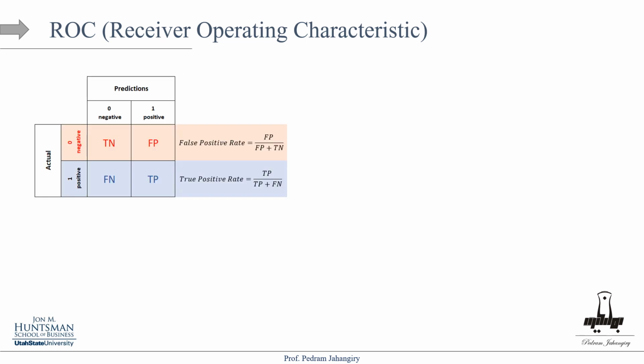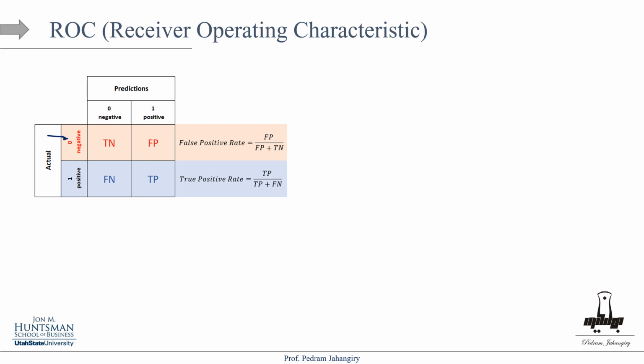In order to be able to define ROC, we have to introduce two more names, which are false positive rate and true positive rate. So what are these two? False positive rate says that among those that were actually negative, what percentage of them was falsely reported as positive.